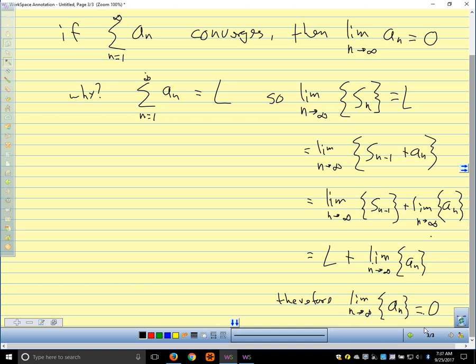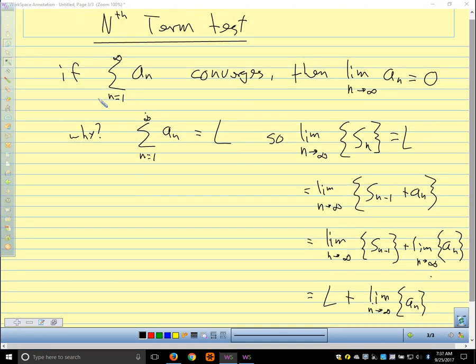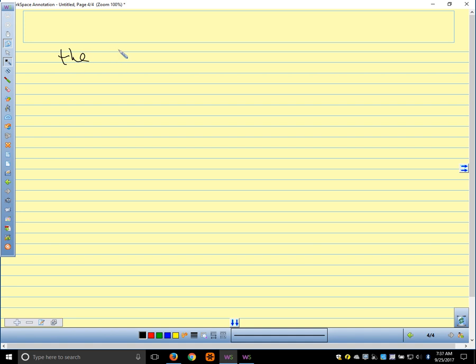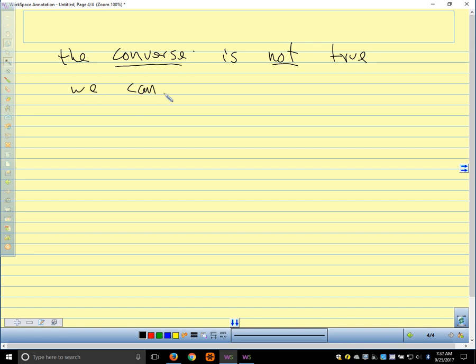Where we have to be careful: if the series converges, then the limit is 0. The converse is not true. So we cannot say, if the limit as n approaches infinity of a sub n equals 0, then the series converges.